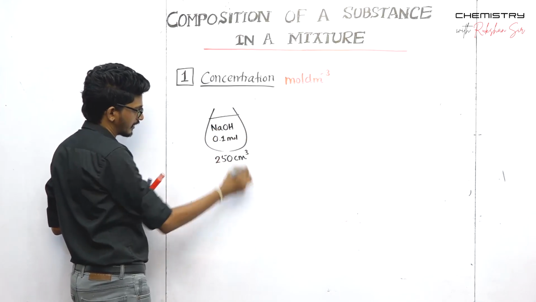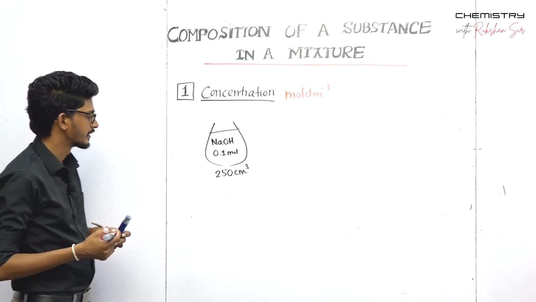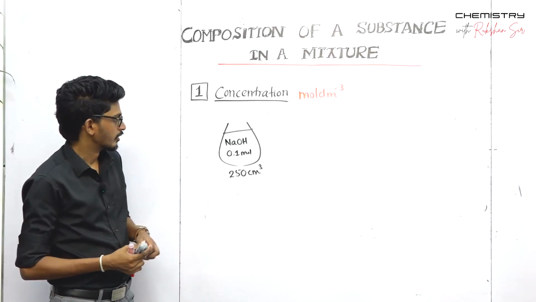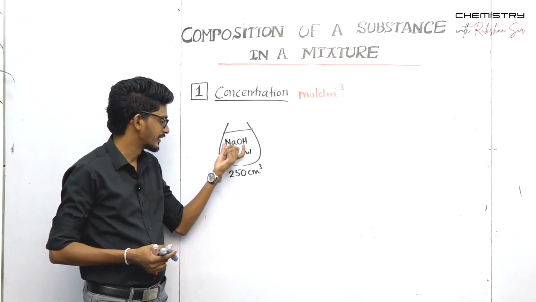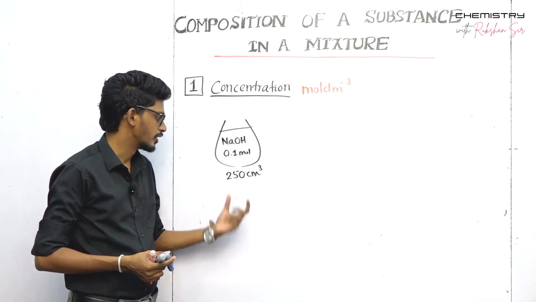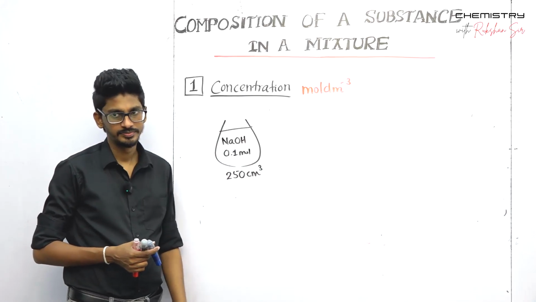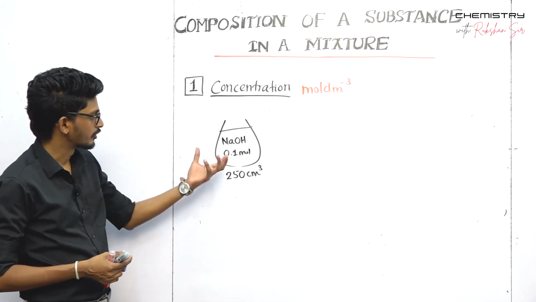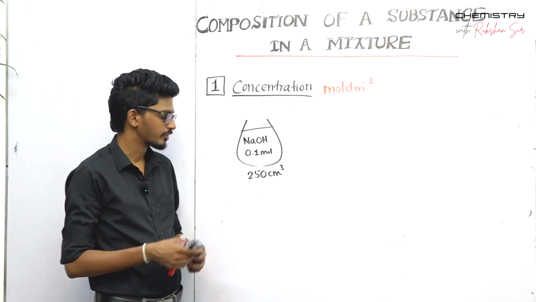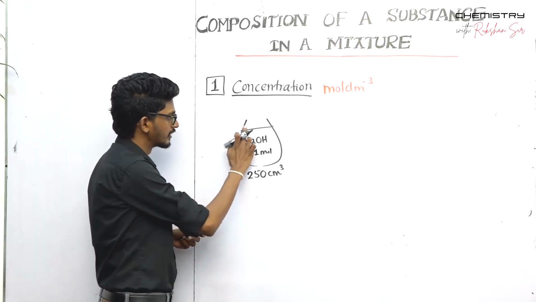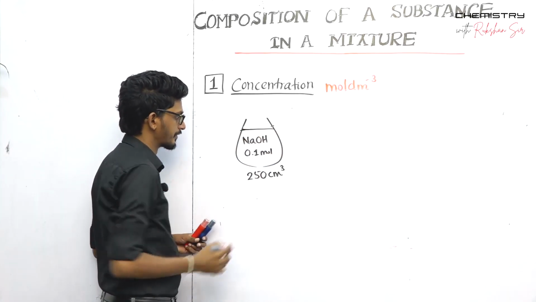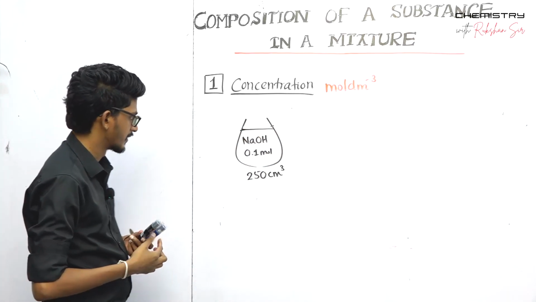That was the question, right? So 0.1 mole of NaOH is there in 250 cubic centimeters of solution, and we are supposed to come up with the concentration of NaOH in this solution.